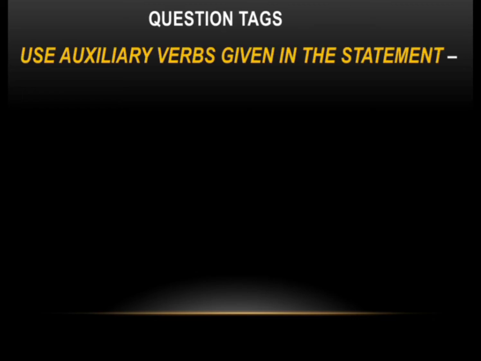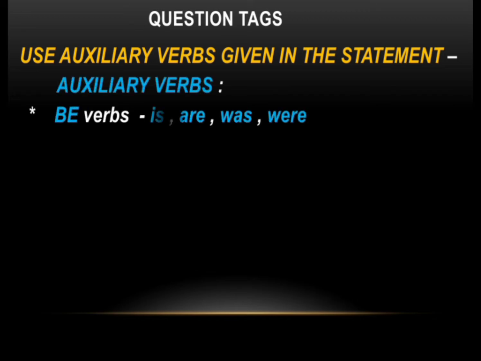Now let us see how auxiliary verbs are used to frame question tags. Use of auxiliary verbs given in the statement. Auxiliary verbs. The be forms of the verb are is, are, was, were.